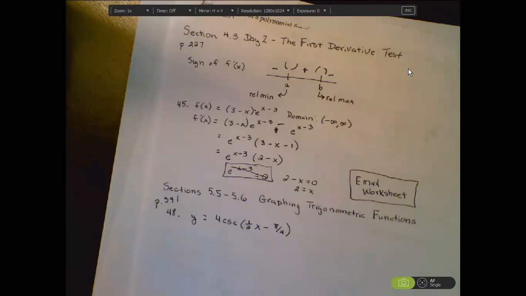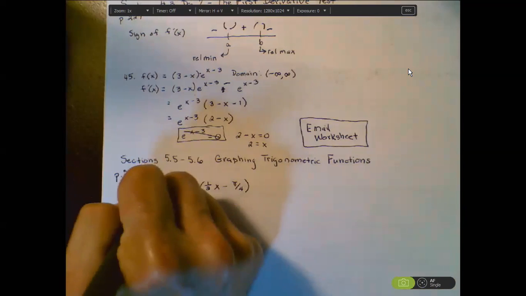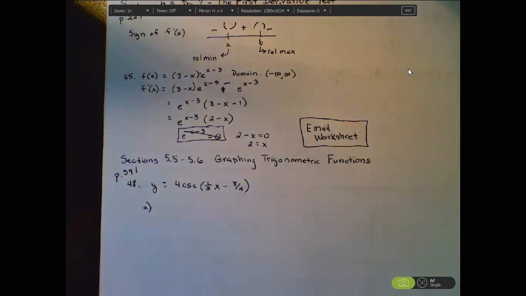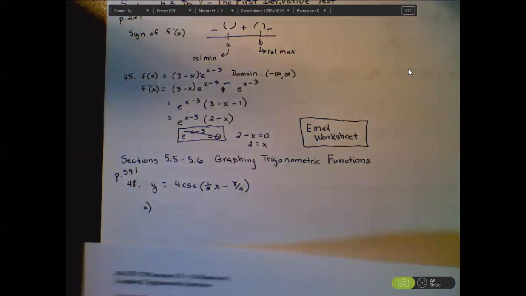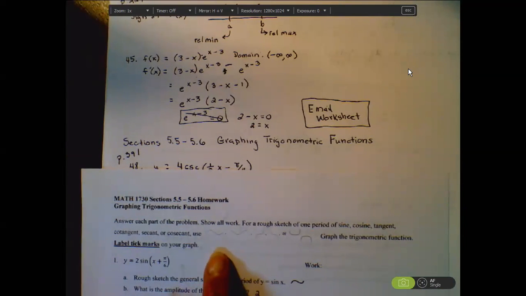All right, I'm going to grab that handout so I can see the way I've labeled the parts on it. The first thing that I ask is that you rough sketch one period of the graph, and in the instructions, I have what I'm talking about when I say rough sketch.